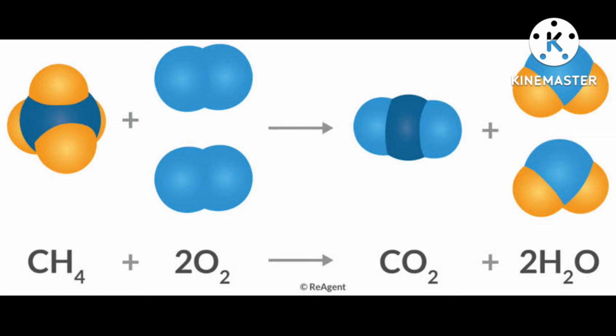If you write the reaction in balanced form, it will be CH4 plus 2O2, then an arrow sign or equal sign, CO2 plus 2H2O.